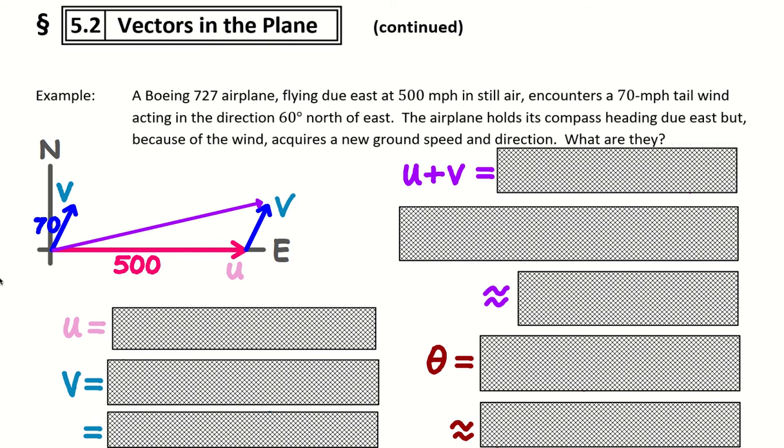So that's 70 miles per hour, and the angle is 60 degrees north of east. So you just gotta learn how to wrap your brain around that lingo, I guess.